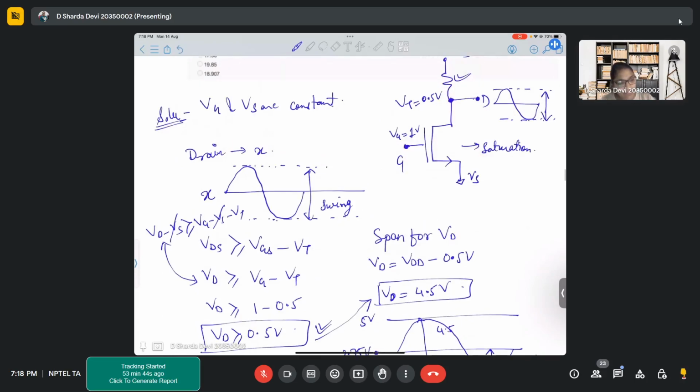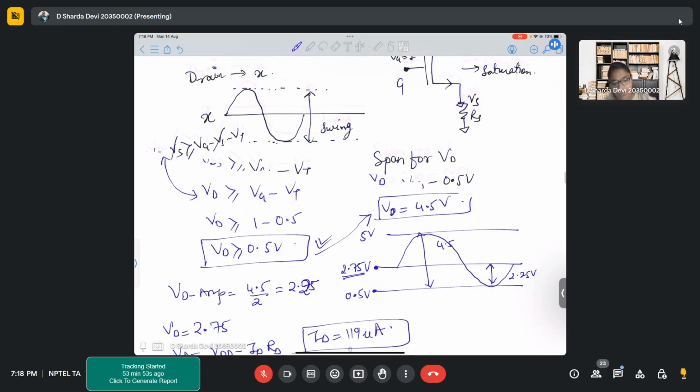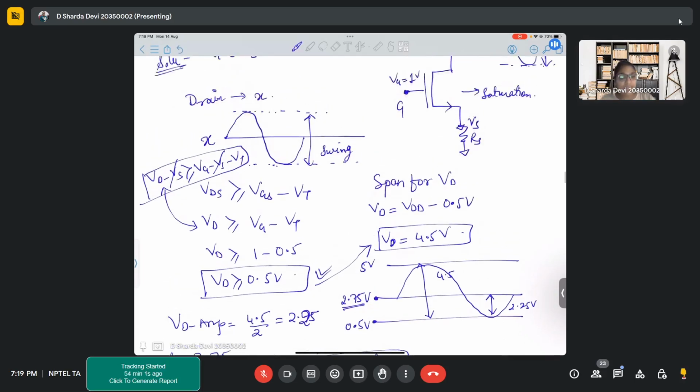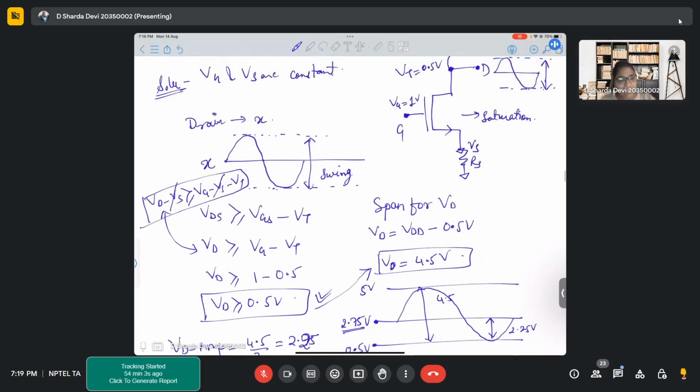Even if we would not have considered VS to be constant and had considered some RS, we can still solve like this, because ultimately we are cancelling VS, both the VS are being cancelled. So the value of VS is not coming into picture in our calculations.